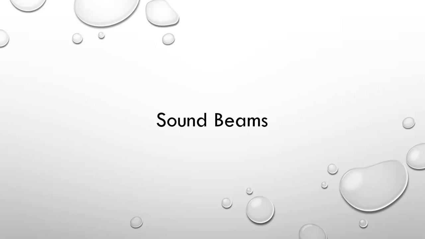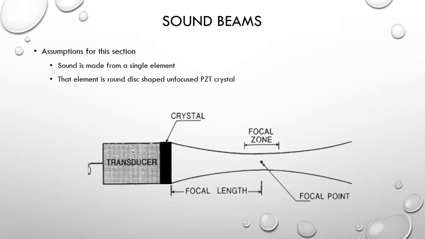All right, let's talk about the sound beam that comes out of the ultrasound probe. We're going to make some assumptions for this section. One of our assumptions is that the sound is going to be made from a single crystal element.